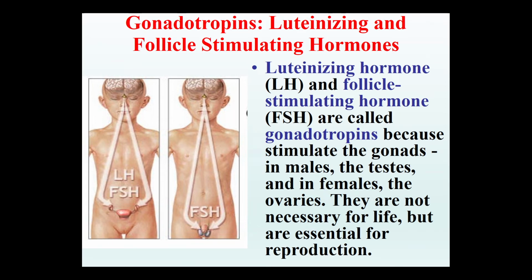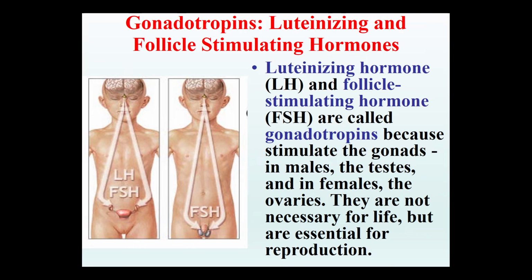I think that you already understand that they are called gonadotropins because they stimulate the gonads: in males the testes and in females the ovaries. These two hormones are secreted from cells in the anterior pituitary called gonadotrophs. They are not necessary for life, but they are essential for reproduction.